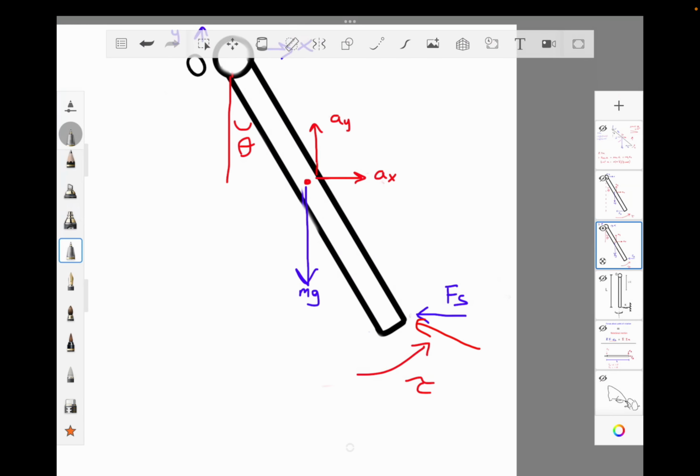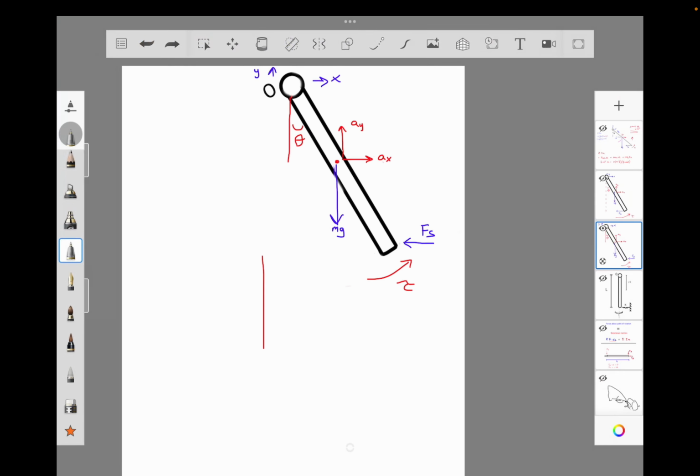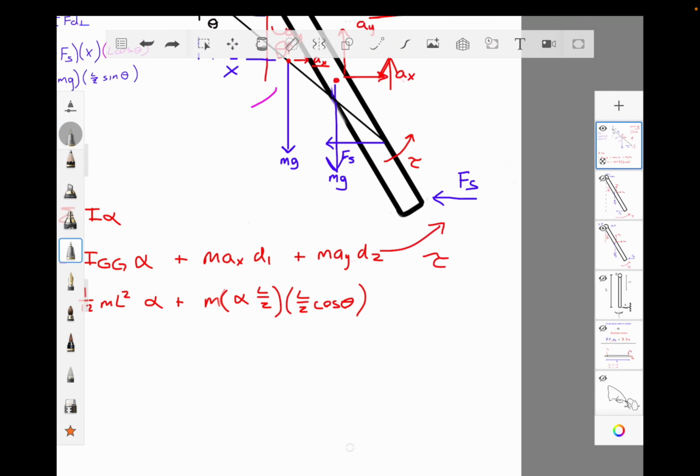If I stretch it right here, the spring is going to be this way. If I move it this way, then the spring is pointing at an angle. So for all of our assumptions when doing these kinds of problems, since it's such a small angle, the longitudinal change in distance doesn't matter, so it's negligible. Therefore, we can ignore MAY.